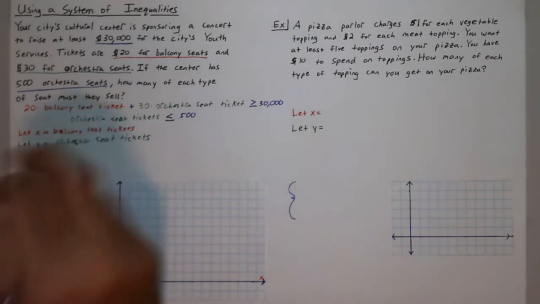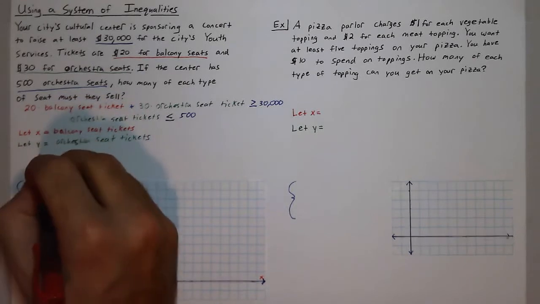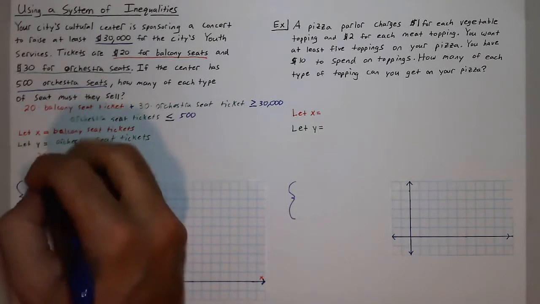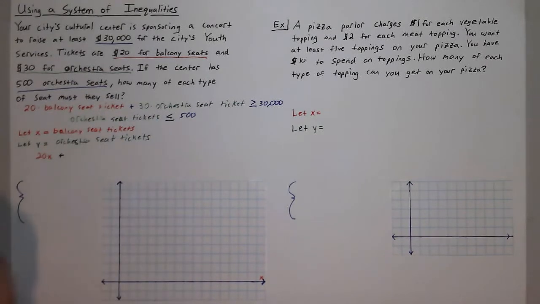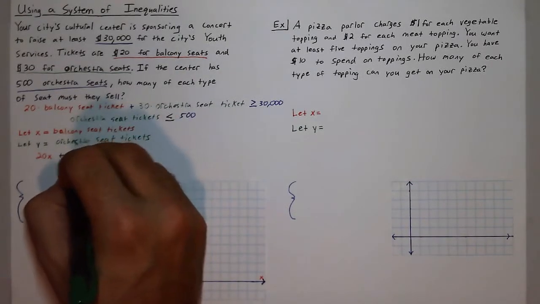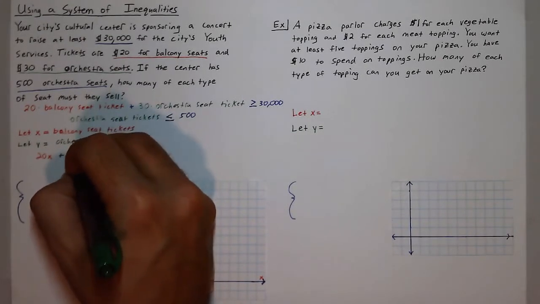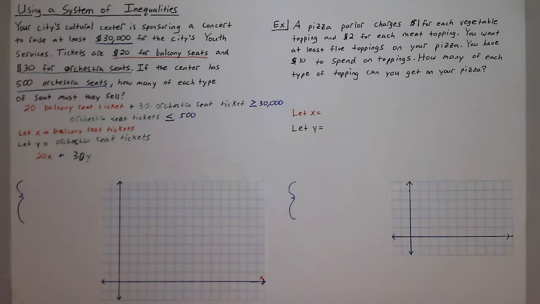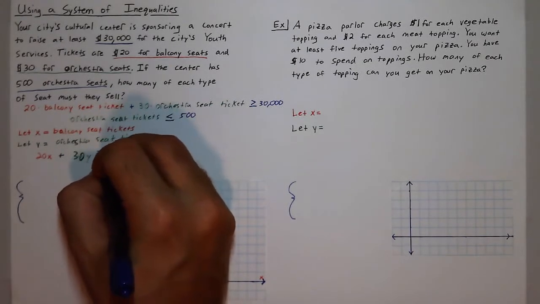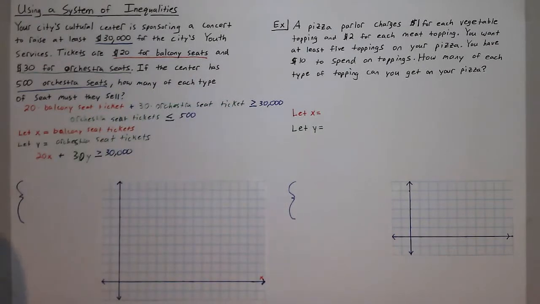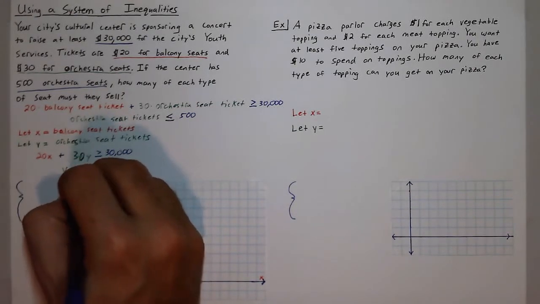I'll have 20x plus 30y is greater than or equal to 30,000. And I will have y is less than or equal to 500.